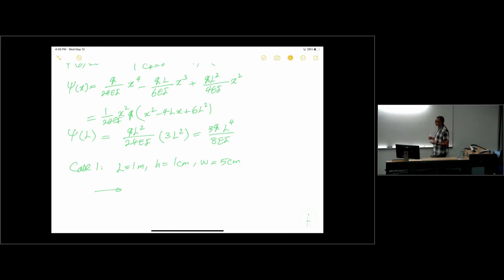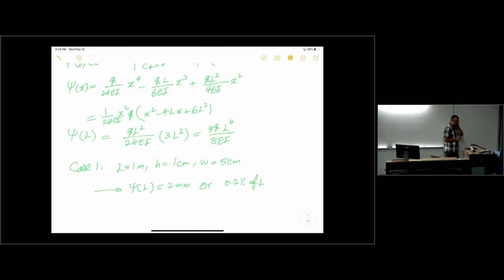Let's say E is 170 gigapascals and rho is 2,000 kilograms per meter cubed. So this is silicon. And for a g of 10 meters per second squared, what you get is that the displacement at the tip of that beam is going to be about 0.2% of the length of the beam, 0.2 millimeters is how much a 1 meter beam will deflect.